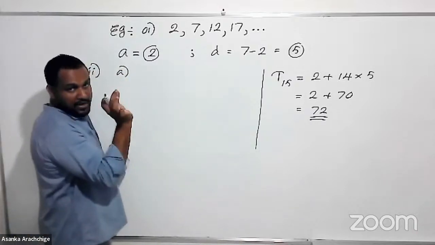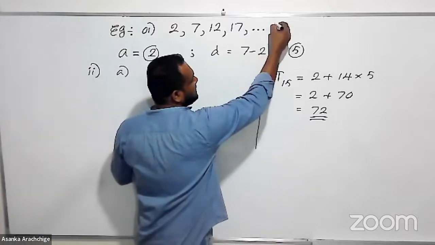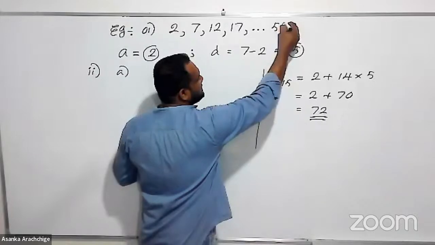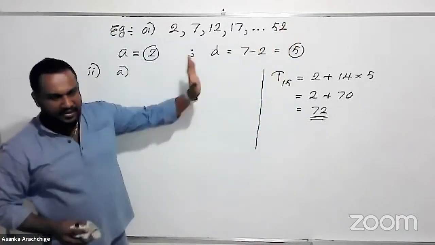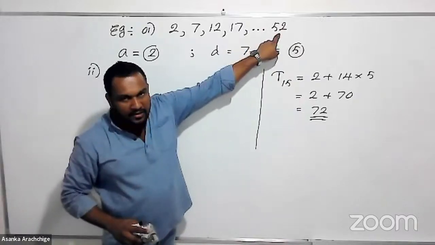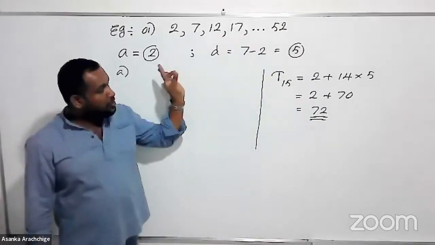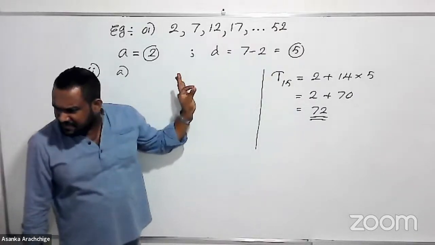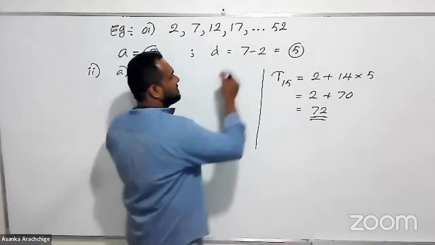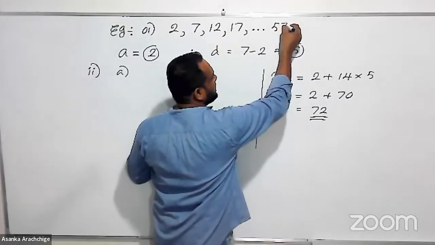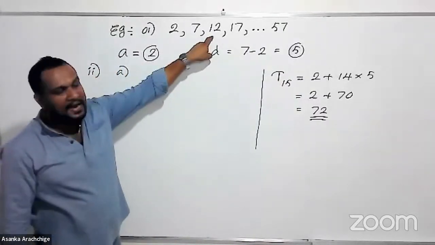Which means 57 is located somewhere in this pattern. Sorry, 52 or 57? 57, right, sorry. 57 is one of the terms in this pattern.